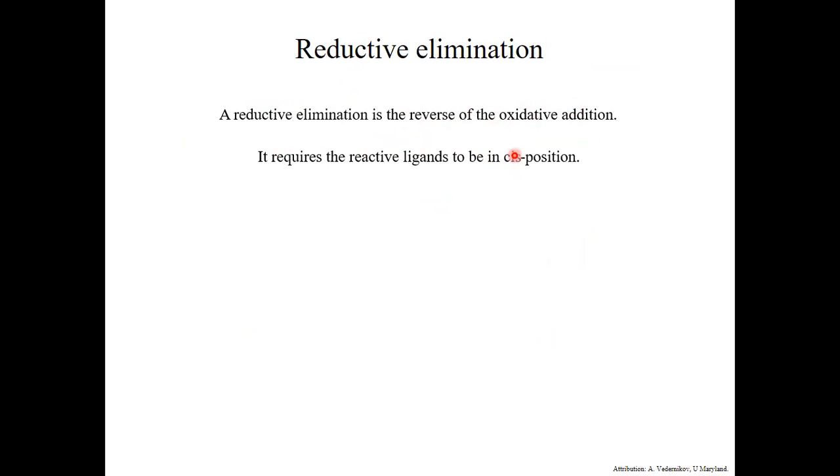So when you have an oxidative addition that's a trans addition, then the reverse reaction is actually prohibited. And that's because the 2 ligands are too far away. So only when you have the ligands in cis position are they close enough together so that they can leave.